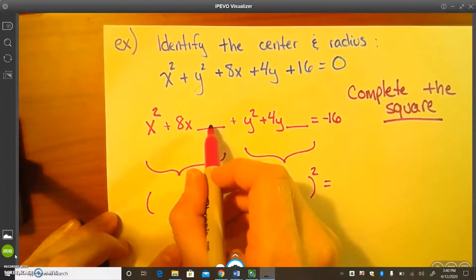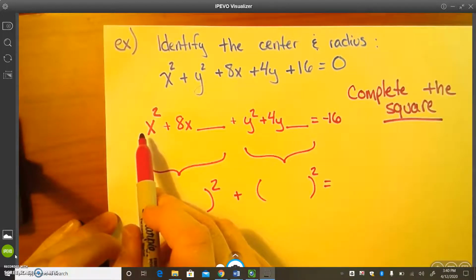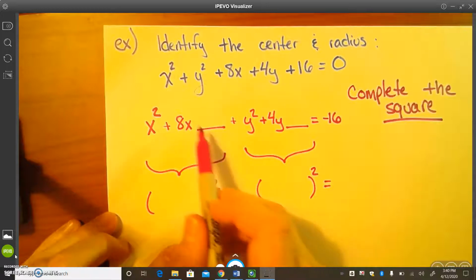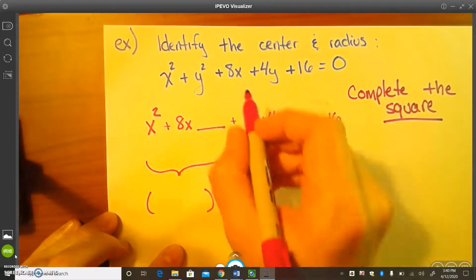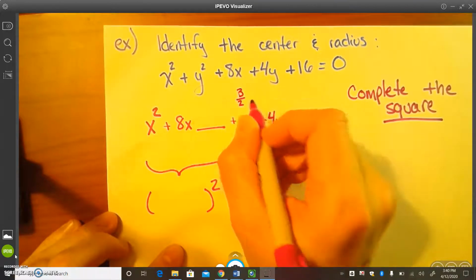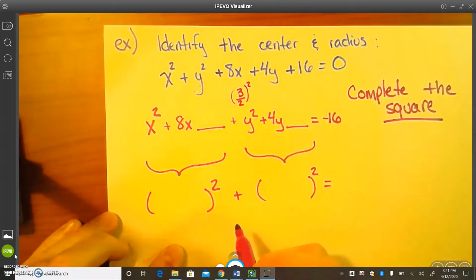So the way we do this, if you imagine a quadratic equation, we have ax squared plus bx plus c. This c number, we want it to be b over 2 squared.